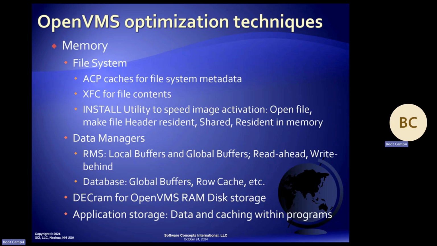That can greatly improve performance. Some people will take an area of memory and turn it into a memory disk, and use that for faster access to storage. And of course, data caching can be done within your programs: if you have to read something frequently, putting it into memory and accessing it from there can help.